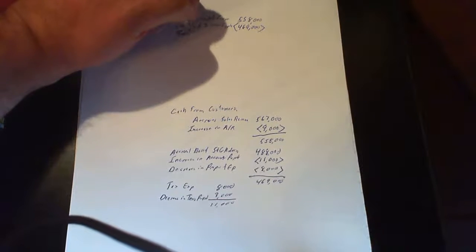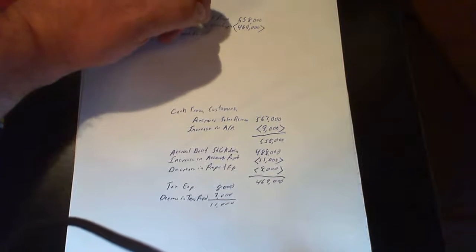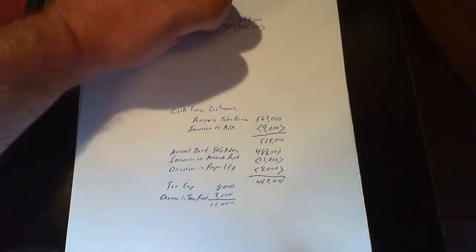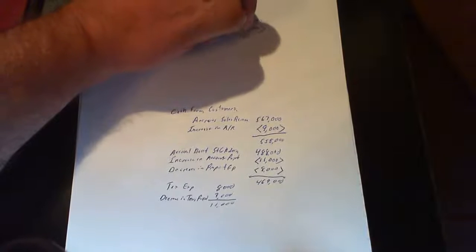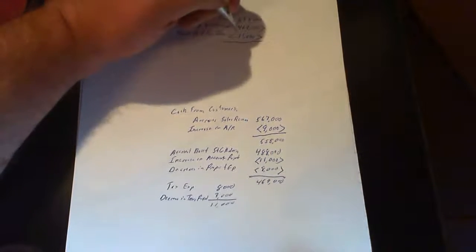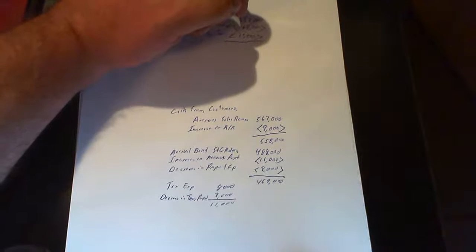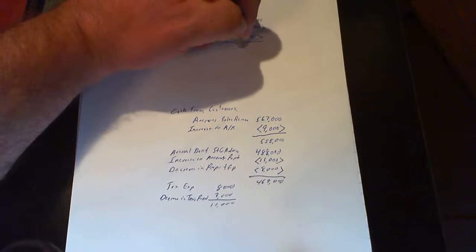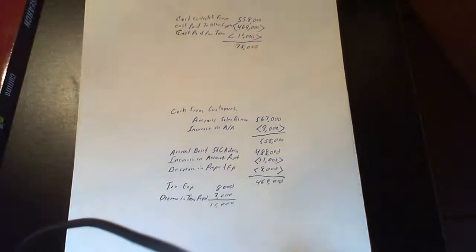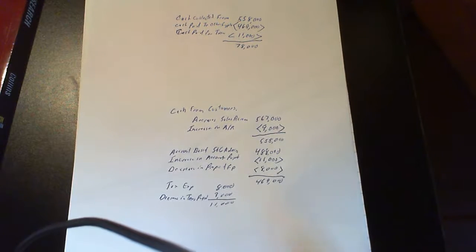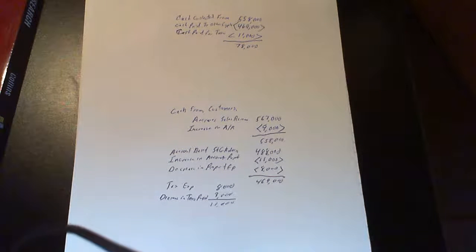That'll be cash paid for taxes, and that's 11,000. Subtract that. So we sum that all up and we get 78,000 is our cash from operations. All right, so that concludes brief exercise 22-19.